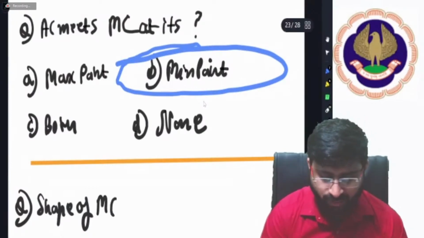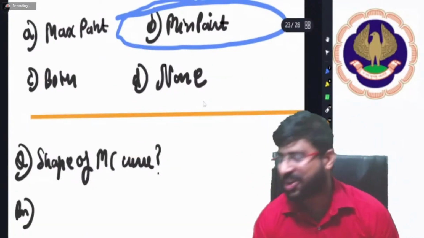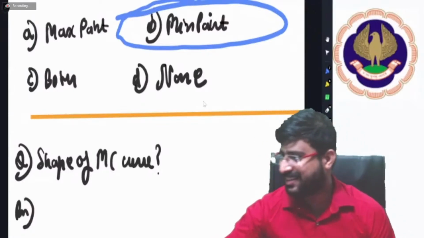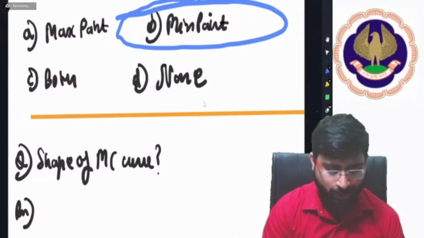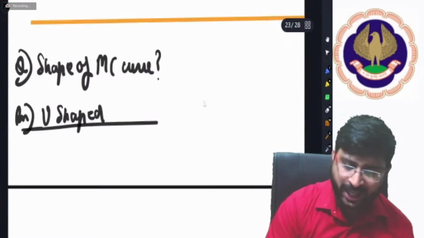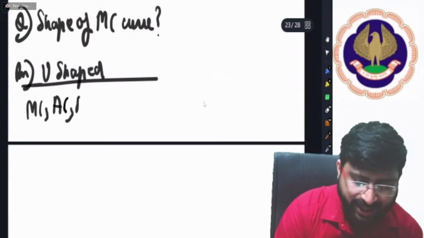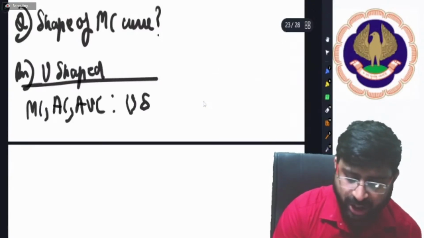What is the shape of marginal cost curve? Tell me the answer. No options. Wow. U-shape. Guys, remember, MC, AC, and AVC all are U-shaped.